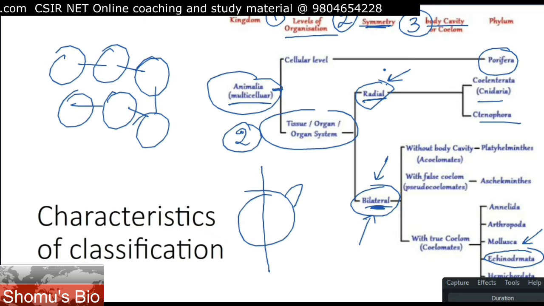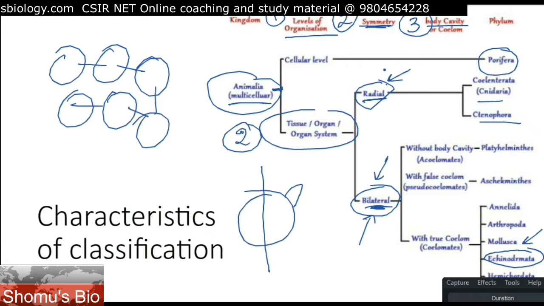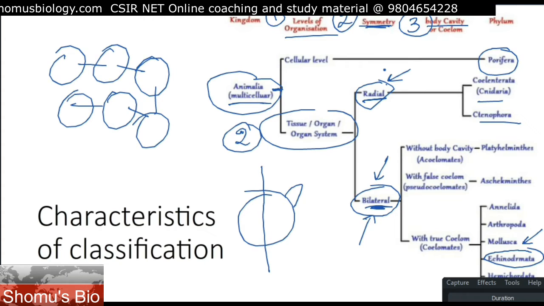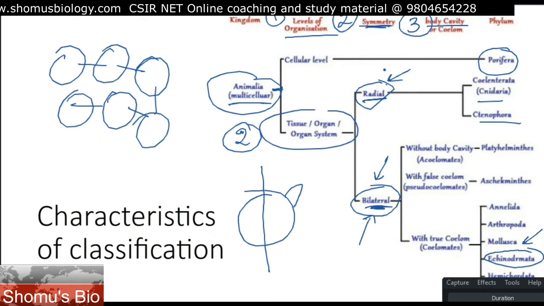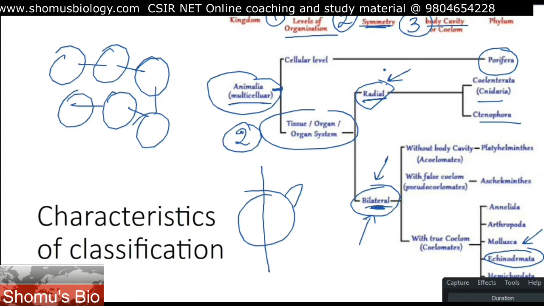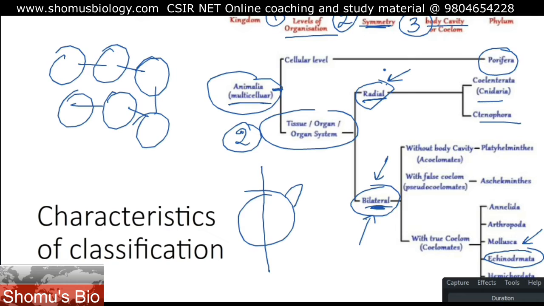So this formation of the coelom or body cavity happens at the end of the gastrulation process, and that is why there are a few organisms where the body cavity or coelom is not formed at all. There are organisms where a body cavity is formed, but it is not fully formed or fully functional. We call them false coelom or pseudocoelom.